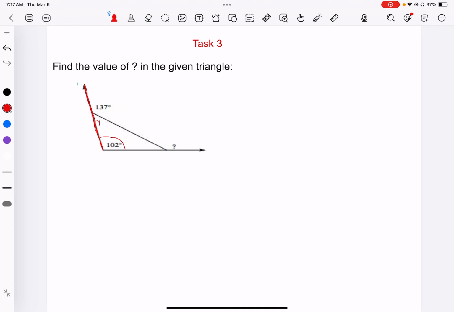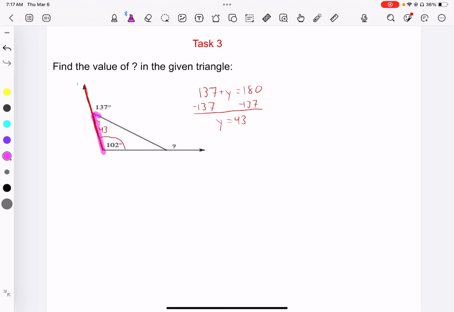So if I label this y, I know that 137 plus y equals 180, because since they're a straight line, they're supplementary. So I can solve for that interior angle of the triangle by subtracting 137 from both sides. Y equals 43. So this angle is 43 degrees.